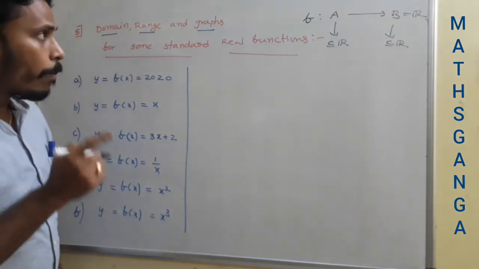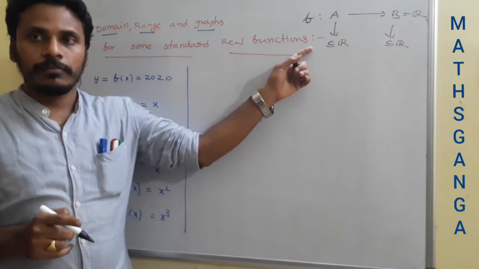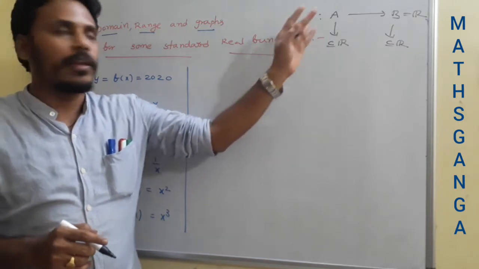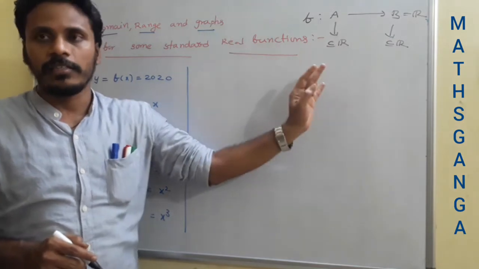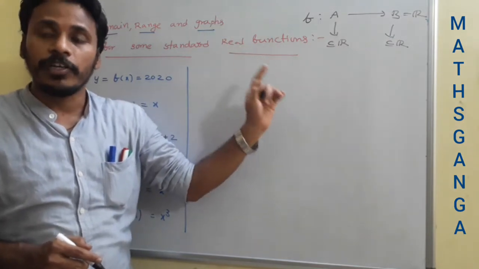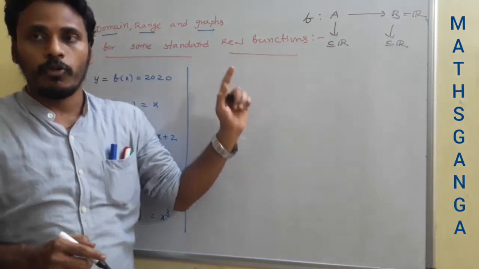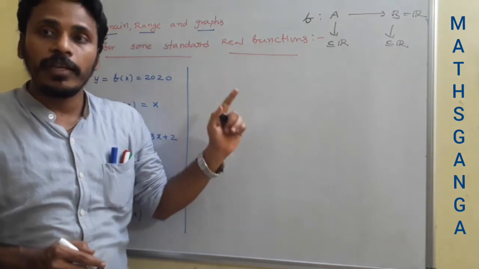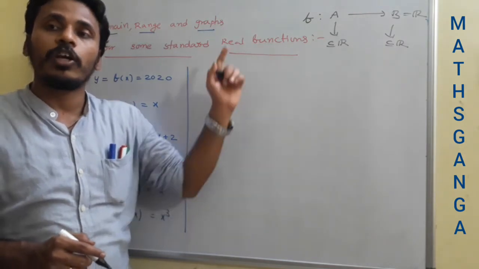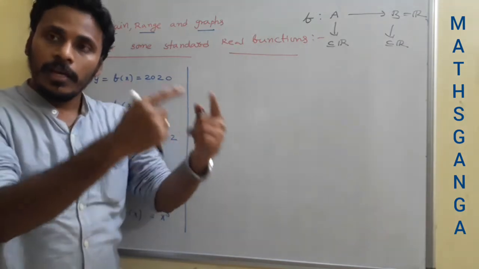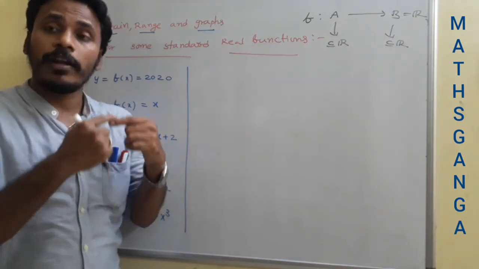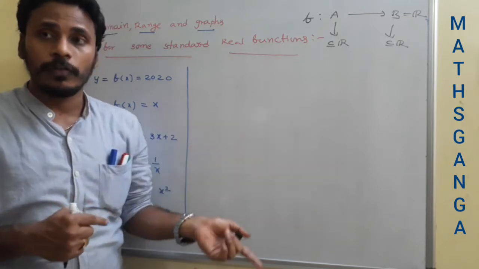Okay, but to call it a function, clearly it is a relation. Actually there is a connection from the elements of A to the elements of B. To say it is a function, we need to check the function property. That means every element of the first set has a unique correspondence with the elements of the second set. For sure there must be a correspondence for every element of the first set to the elements of the second set.